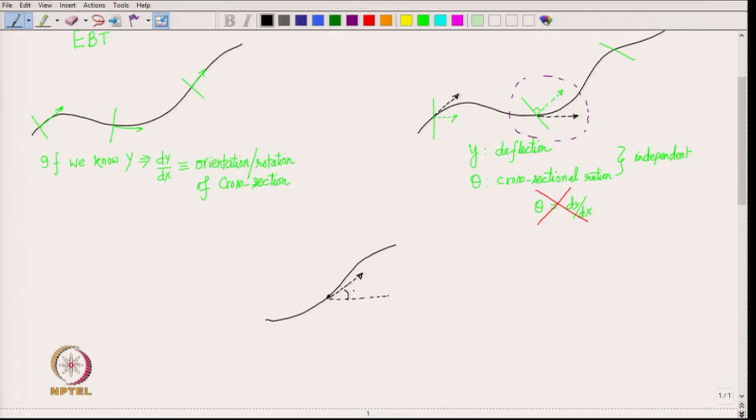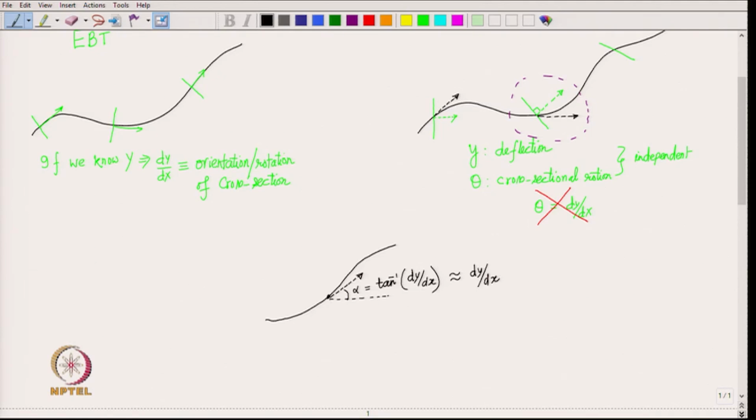If we denote this angle by alpha, then alpha is tan inverse dy by dx. But we assume here that dy by dx is small, so we can approximate this with dy by dx itself.